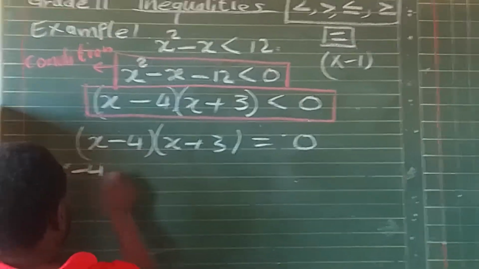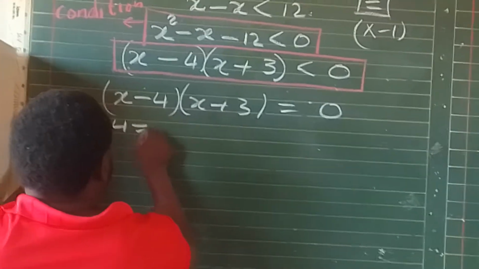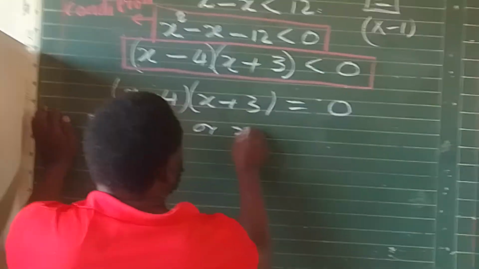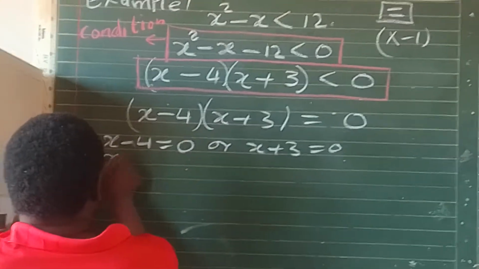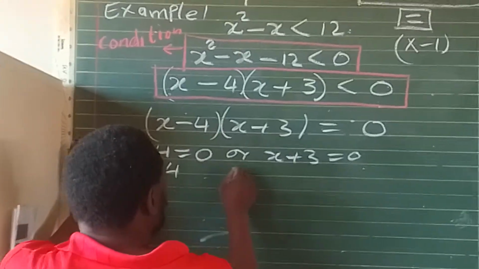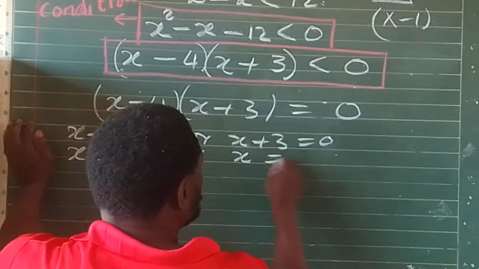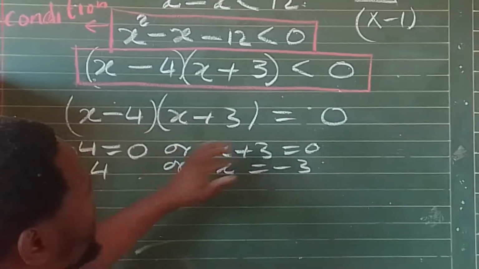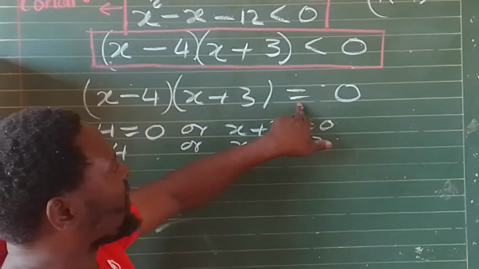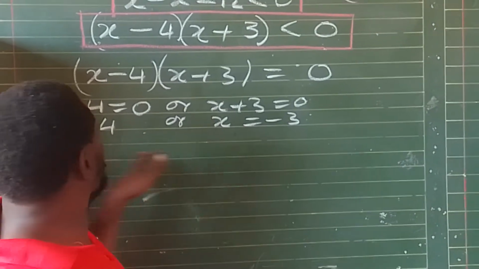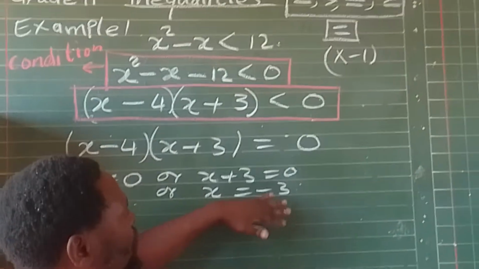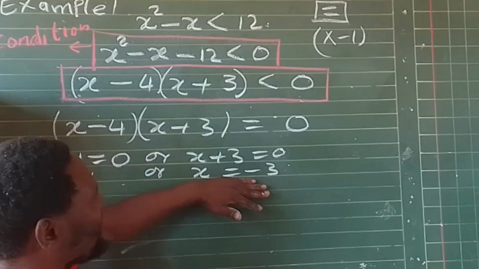x minus 4 is equal to 0, or x plus 3 is equal to 0. Then your x is going to be 4, or x is going to be minus 3. That's how we used our equal sign to maneuver to get our values of x. From there, we don't use the equal sign anymore.